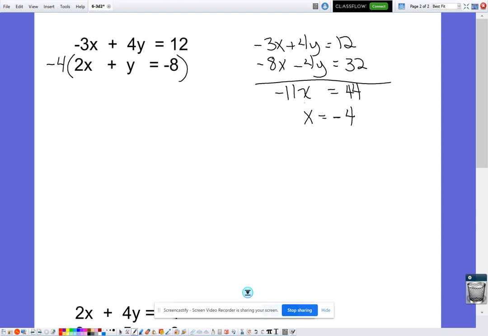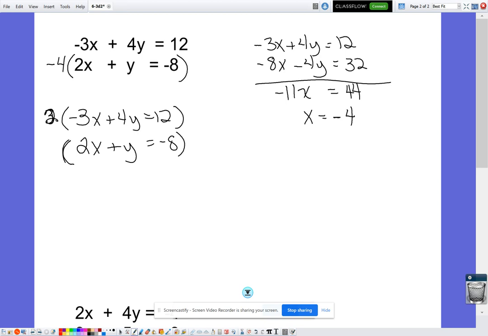Because we're working on elimination, I'm going to do the pure elimination. So if I take the negative 3x plus 4y equals 12 and look at the x variable and eliminating that, between -3 and 2, the least common denominator is 6. I already have opposite signs, so I just have to multiply this one by 2 and this one by 3 in order to get the exact opposites.